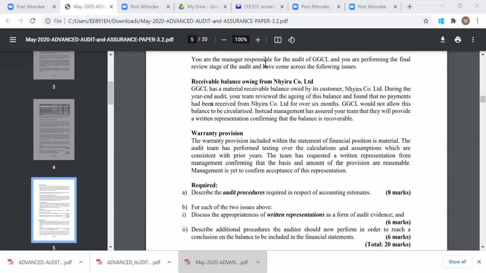Another thing that the auditor will do as part of the audit procedures is have an expectation or a range in their mind before they even evaluate the accounting estimate. So what is the range or the expectation of the possible estimates?